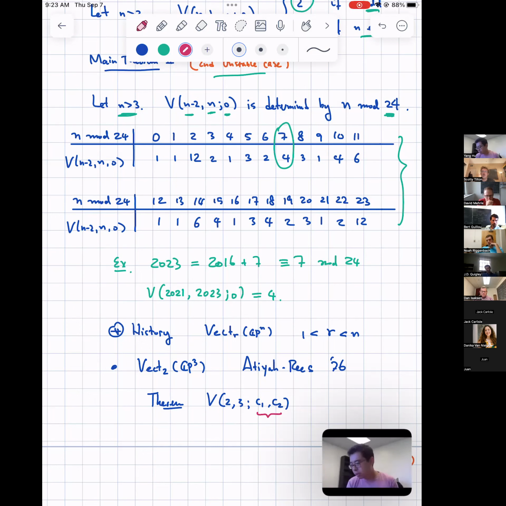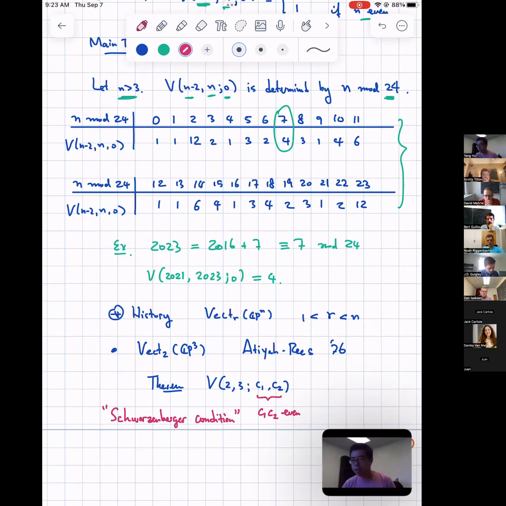Those that can be realizable often have to satisfy some arithmetic conditions, and often these conditions are summarized by the Schwarzenberger condition. And the Schwarzenberger condition in this case requires that the product c1 c2 is even. So if both c1 and c2 are odd, there cannot be any rank 2 bundles over CP^3 with that Chern data. But if c1 c2 is even, there's the following enumeration. So this is 2 if c1 is even, and this result is 1 if c1 is odd.